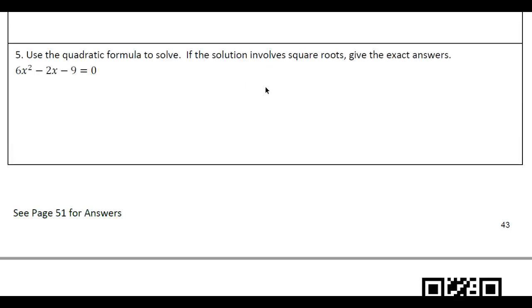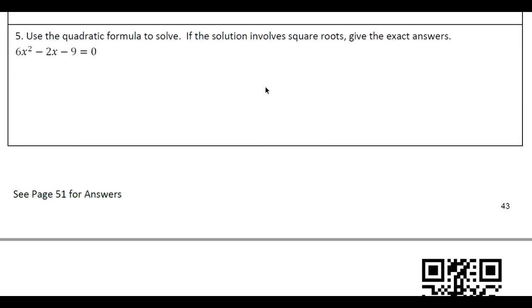So let's go on to our last one here. Again, we've identified A as a 6, B is a negative 2, and C is a negative 9. So let's substitute.